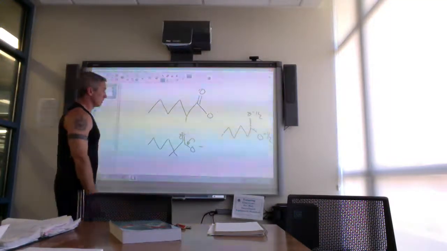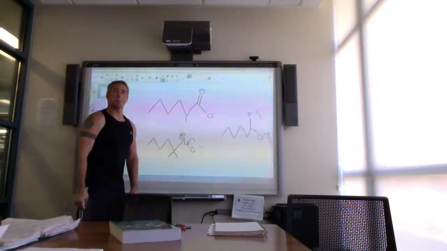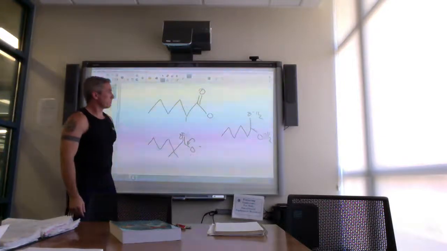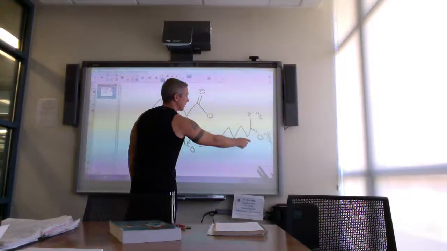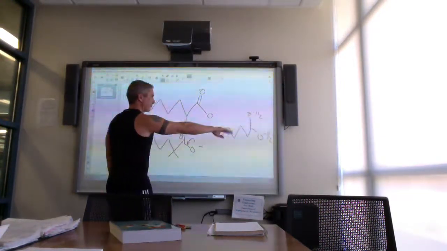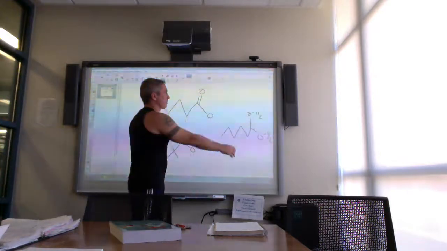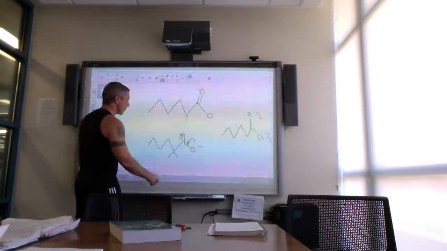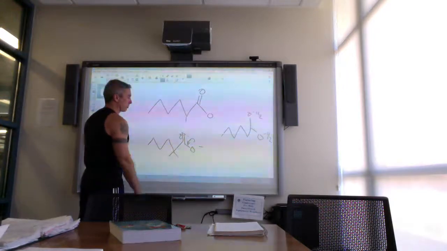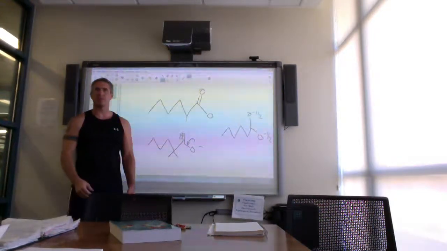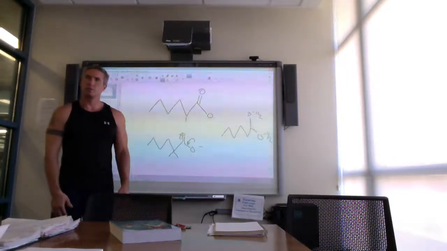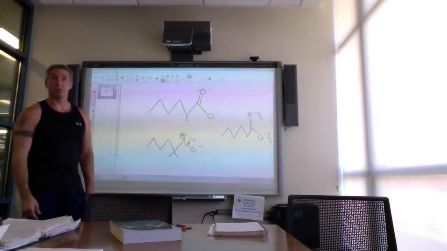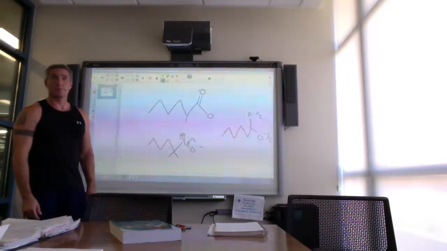But the difference in them is right here, correct? In this case, these methyl groups, it's got this negative charge running around out there. Over here you've got two methyl groups that have what kind of densities? Whole bunch of electrons, or they lack electrons?